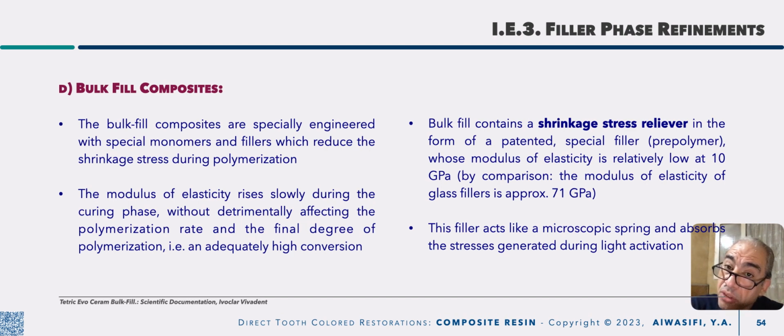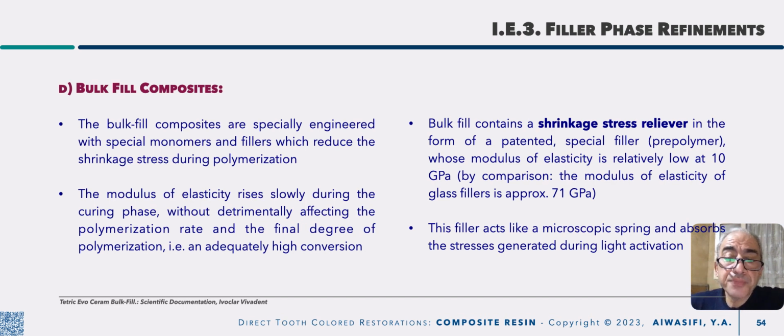But what about the extra composite more than 2 millimeters? How could you solve this problem? How could you ensure that an efficient curing light could penetrate and reach up to 4 millimeters? Let us see now how they solved this problem.